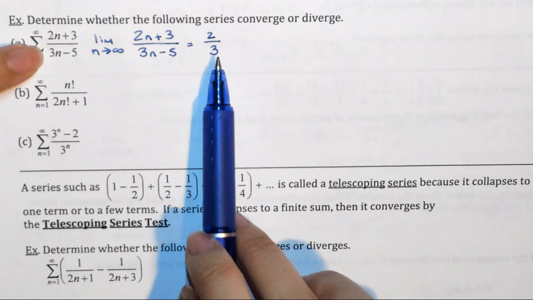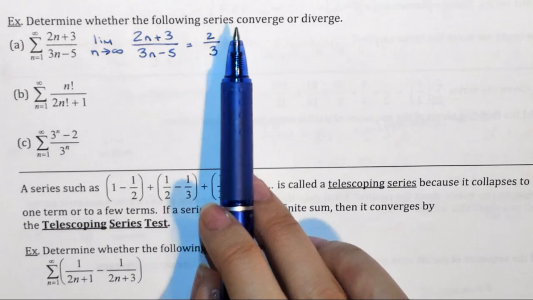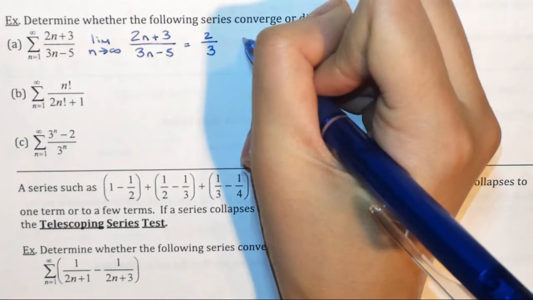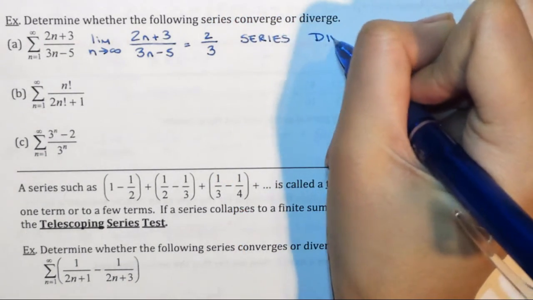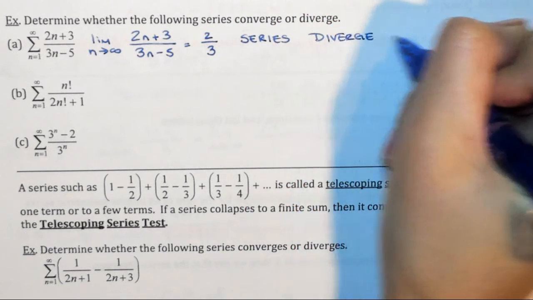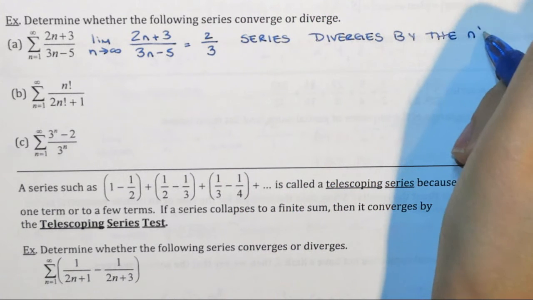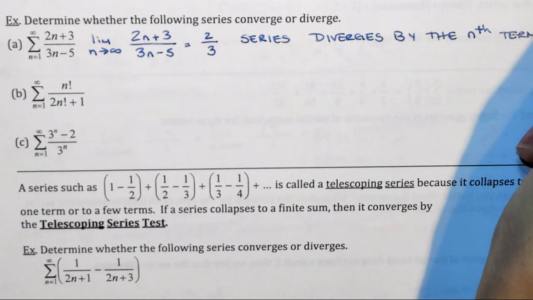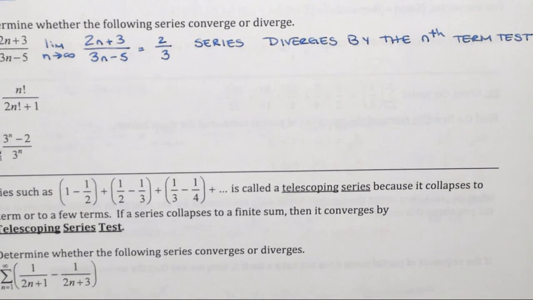But if the sequence goes to 2/3, then the series is technically adding 2/3 every single time as you go to infinity. That means that the series is going to diverge by the nth term test. So you would just say that the series diverges by the nth term test.